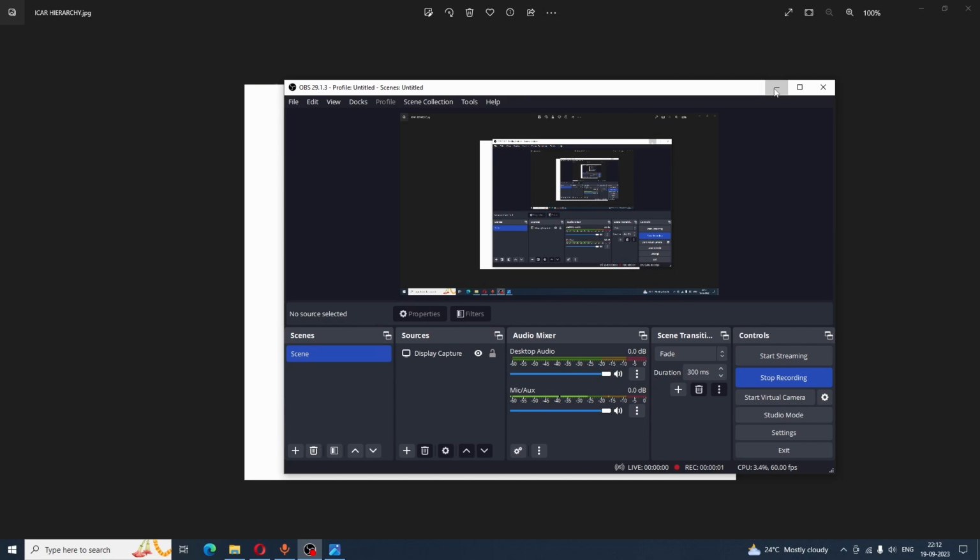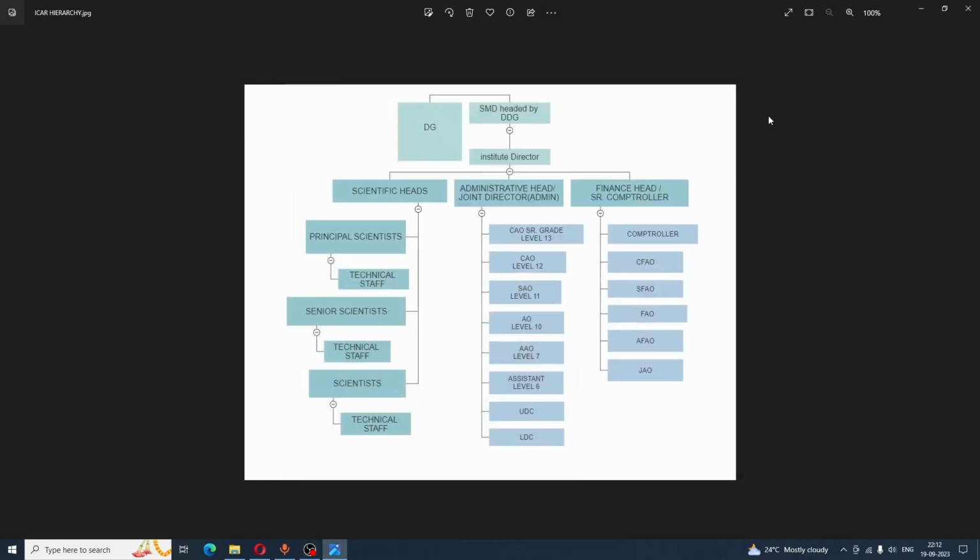Now, we'll be discussing the hierarchy of administration in ICAR. As you can see, this is the hierarchy in the institute. At the headquarters, the DG is the head, and then there are many SMDs, subject matter divisions, which are headed by DDGs, and then there is an institute director who is the head of the department, so to say.